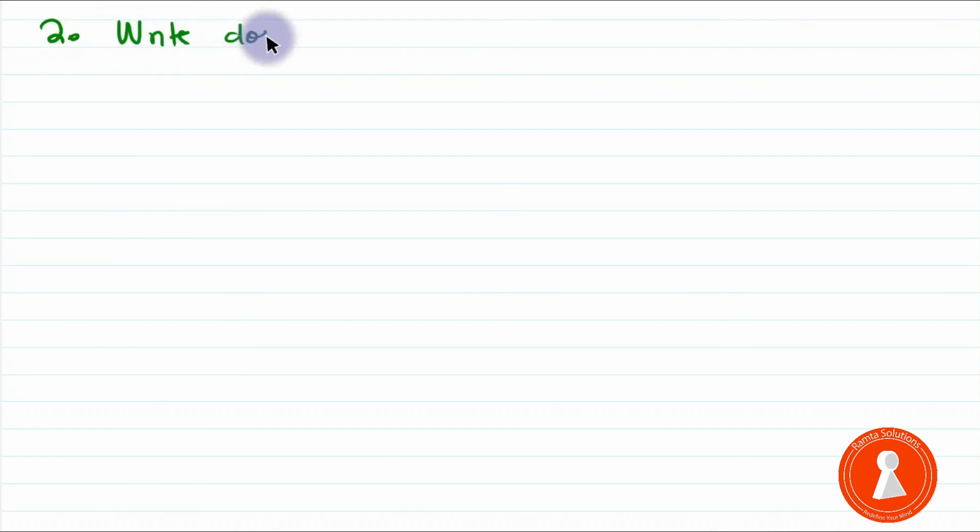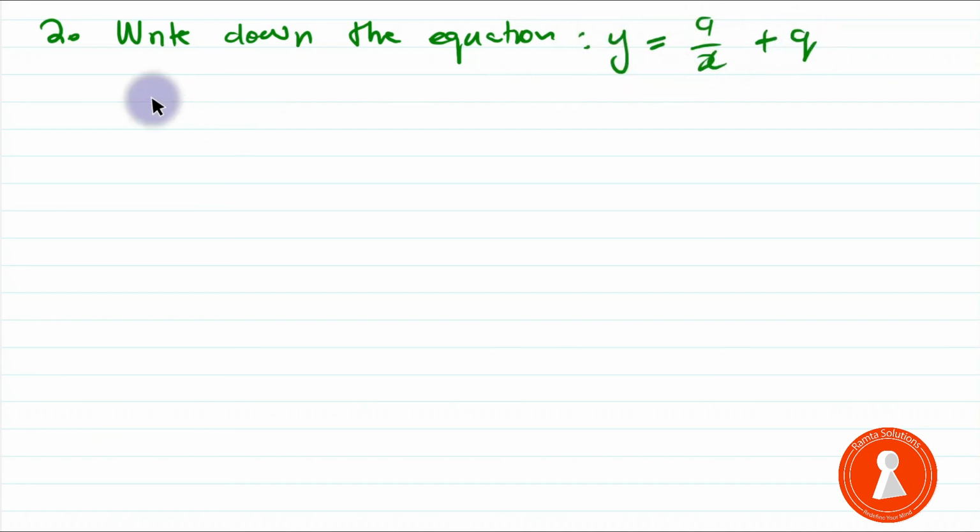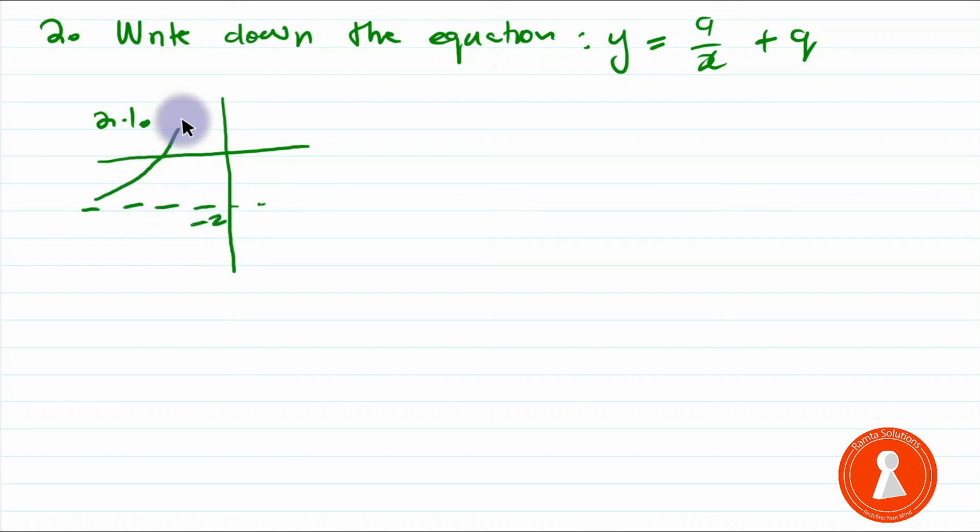Number 2, write down the equations when y equals a over x plus q. 2.1, the graph is this point is minus 2, and this one here is negative 2.